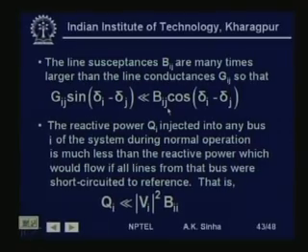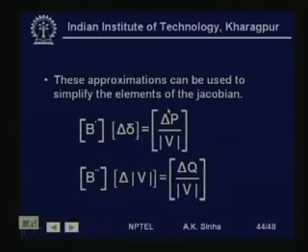In that case the Jacobian matrix terms become constant, that is, we have terms B dash and B double dash, which are nothing but the negative of the susceptance elements of the Ybus matrix. So, these two are decoupled equations that need to be solved to calculate delta delta and delta V. This is what we do in fast decoupled load flow.